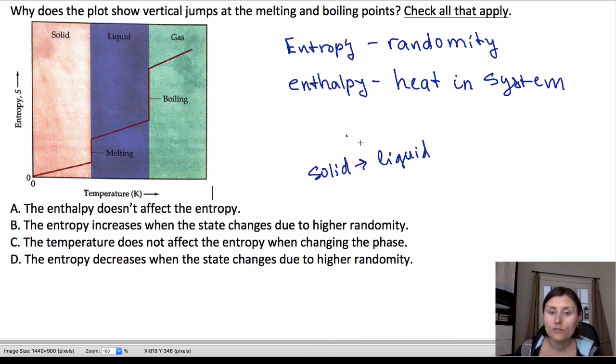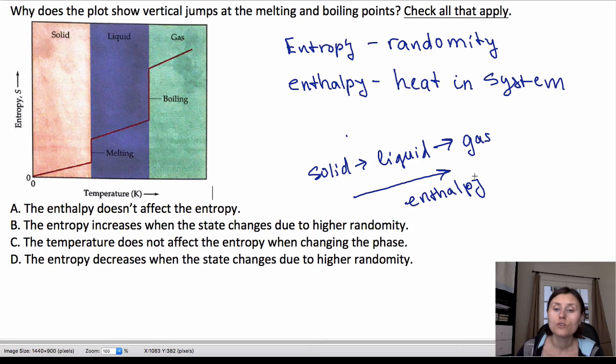And then as it goes to gas, again, you need to increase the enthalpy in order to increase the entropy. So enthalpy and entropy kind of go together. So A is incorrect.